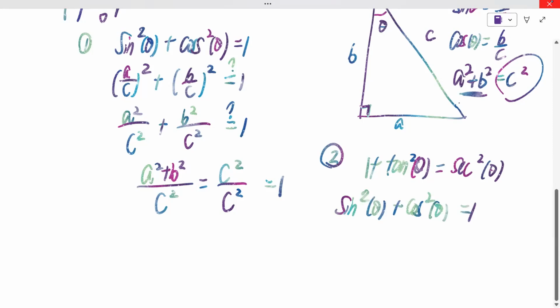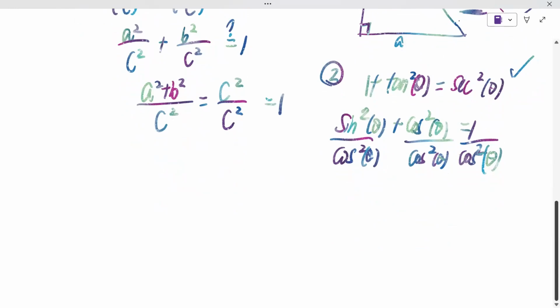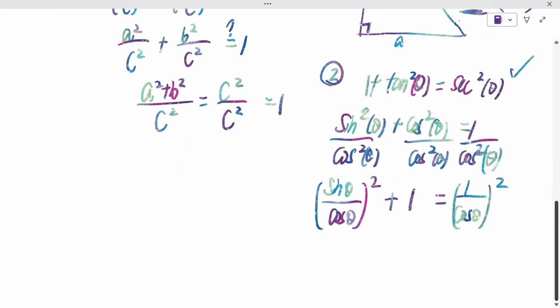If you divide every single term by cosine theta squared, we basically get this identity right here. So sine theta over cosine theta, put the square term outside, plus cosine theta squared over cosine theta squared, which becomes 1, equals 1 over cosine theta, with the square term outside.